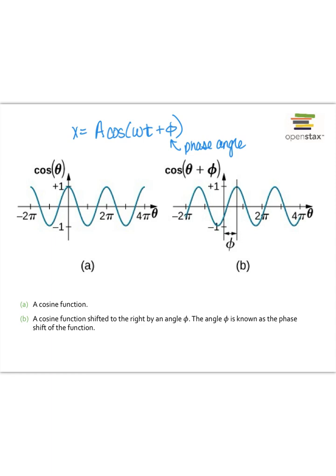And depending on how we start the oscillation for our mass on a spring, it might not actually start at t equals 0 at its maximum displacement, but maybe somewhere else in its oscillation. And that's when we have to introduce this phase angle to basically just shift the cosine function over a certain amount. And so this is our shift, which is due to our phase angle. So that's what that is for.